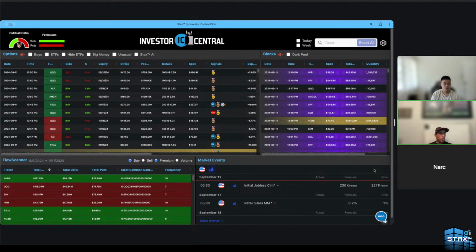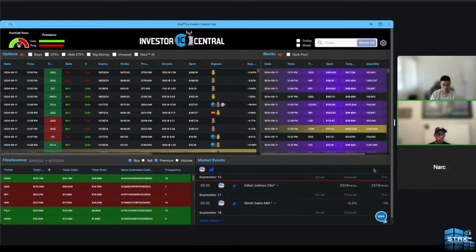One other thing I forgot to mention earlier when I had my NVIDIA chart open is that NVIDIA has their ex-dividend date tomorrow. For stocks that do offer a dividend, there is a specific date that you must hold that equity in order to receive those dividends, called the ex-dividend date.